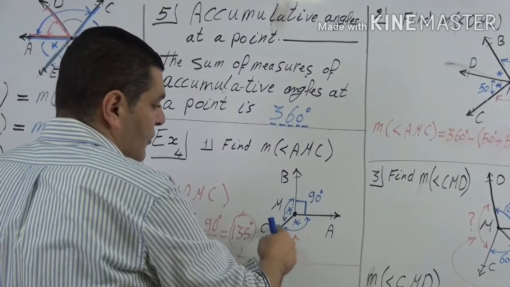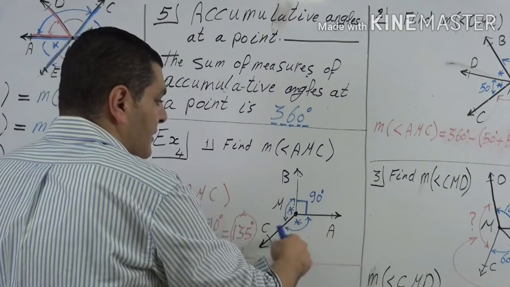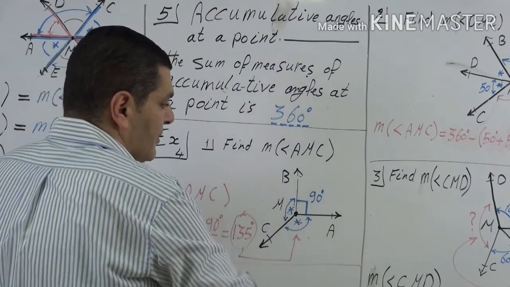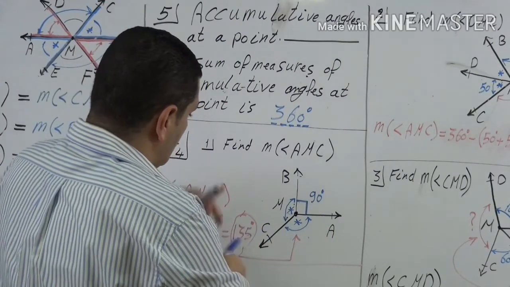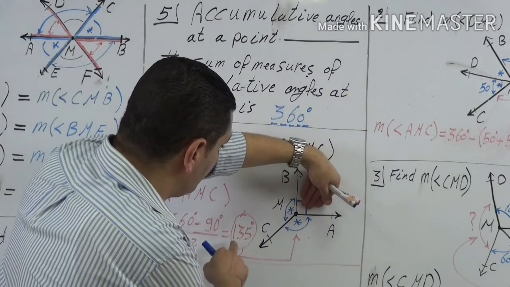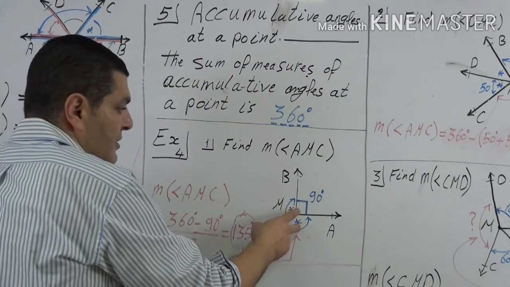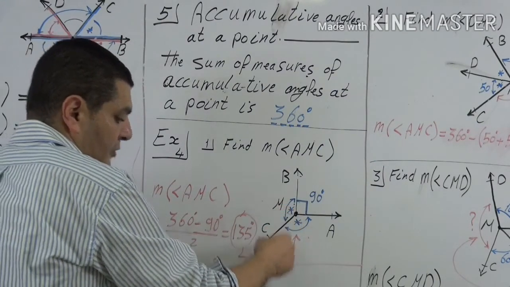AMC, the required angle. 360 degree minus 90 over 2 equal 135 degree. Why? Because these two angles are equal in measure.